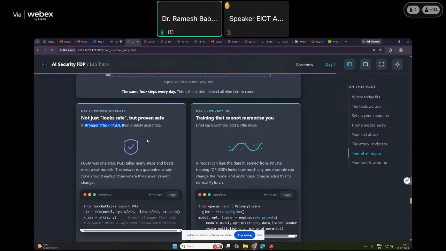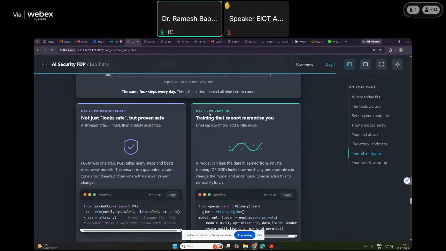So how can you mathematically deduce that you have a proven safety for a particular type of attack or particular clusters of attacks? That is the agenda for tomorrow. We will try to build defenses which are mathematically proven safe. That is the main agenda for tomorrow's lab. We will implement PGD attack, which is a type of evasion attack, and some defenses.